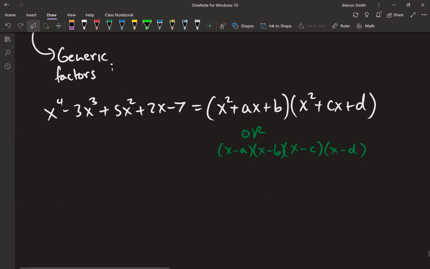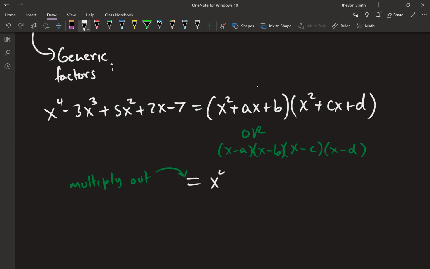Now, what we can do is we can multiply out. And I know the coefficients of the square terms have to be 1 because the coefficient on this side over here is going to be 1. But if the coefficient here wasn't 1, then you need generic coefficients in front of both x squareds. But anyway, I can take the x squared from the first guy and multiply out.